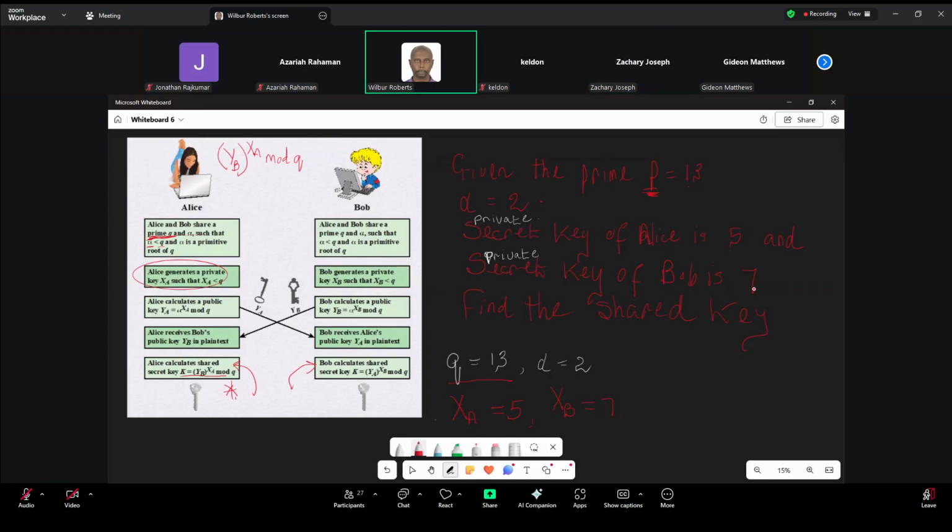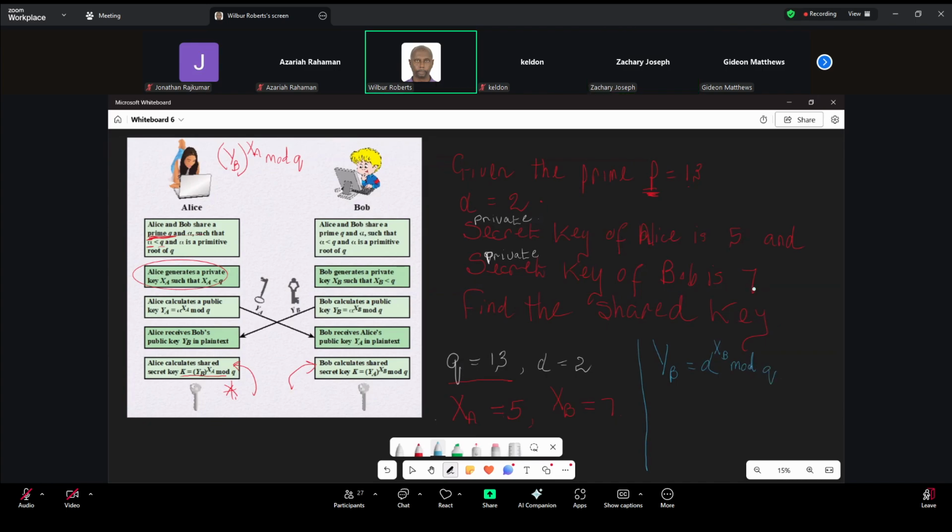I know, but what's the formula used for it? Alpha to the power of XB. You're correct. So YB is equal to alpha to the power of XB mod Q.